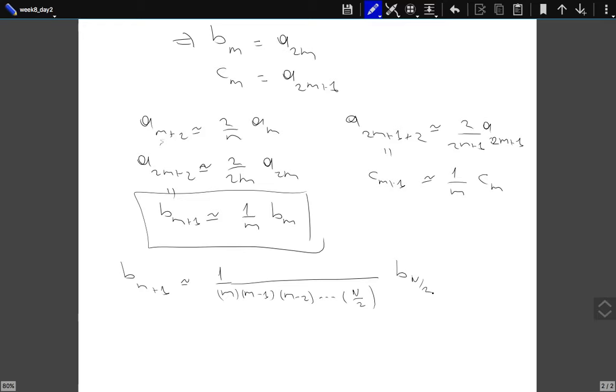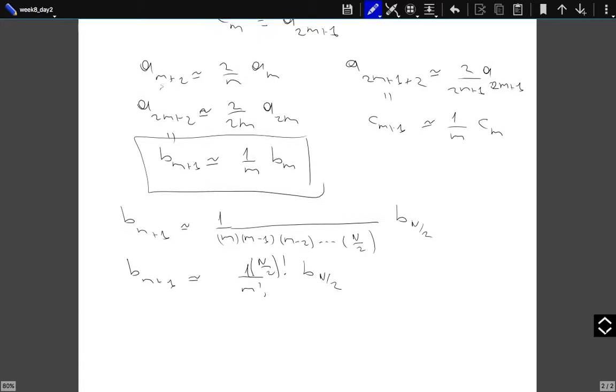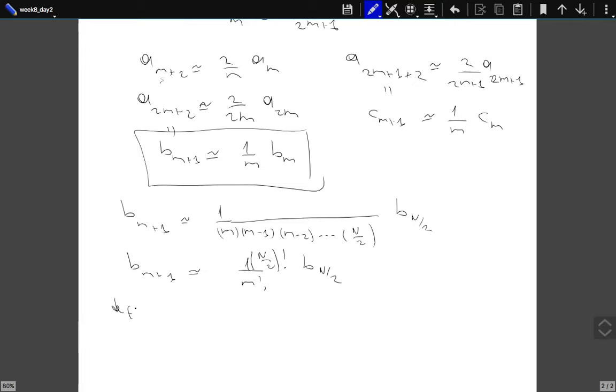So I just use the recursion relation once, twice, 3 times, etc. Or I can write this as b_{m+1} is 1 over m factorial, times n over 2 factorial, times b of n over 2. Or let me define b_{m+1} to be, you see, n is a constant, so this number over here is just a constant. Let me call it b over m factorial.